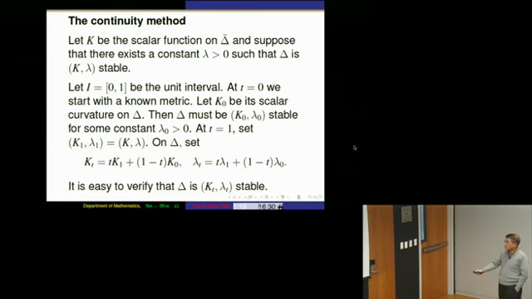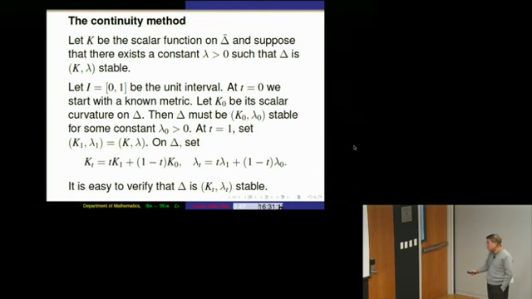Now we take the unit interval I. At t equal to 0, we start with a nice metric, for example the Kähler metric or the Guillemin metric. Then let K0 be its scalar curvature. The delta must be (K0, lambda0) stable for some constant lambda0 greater than 0. This is from our first result, the first theorem above.